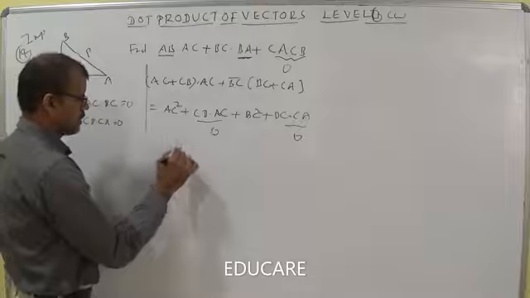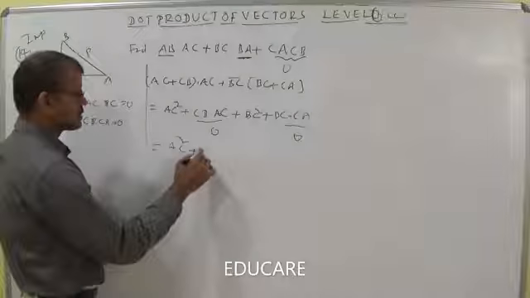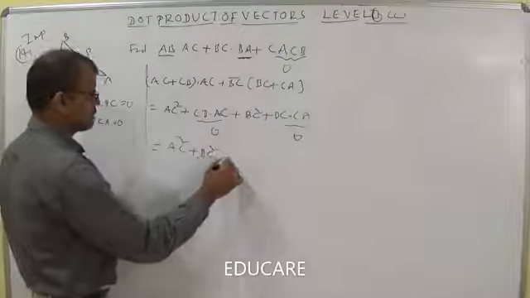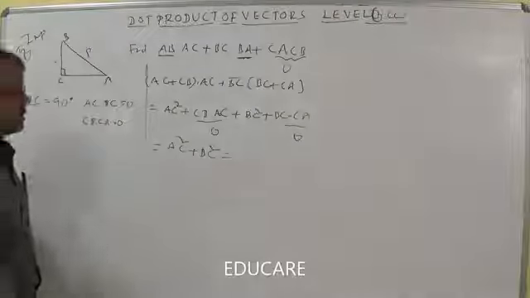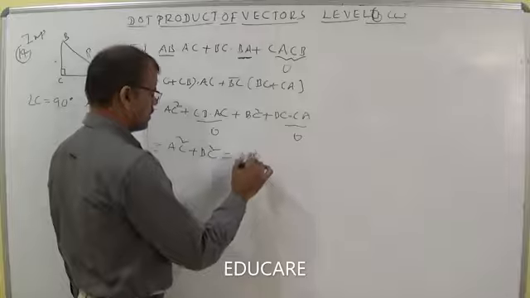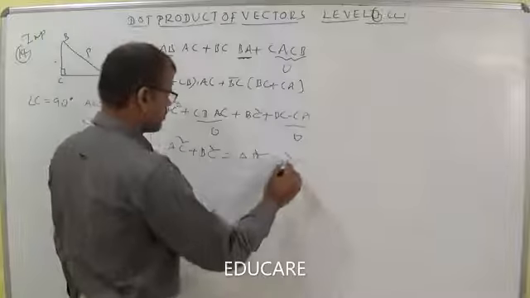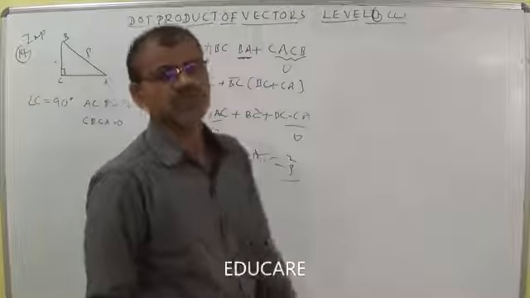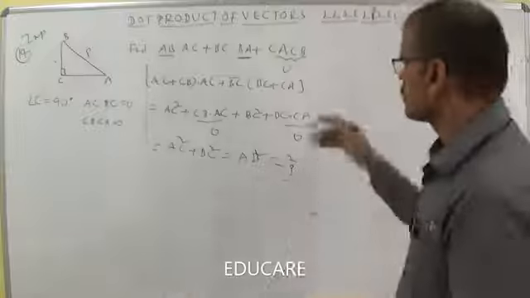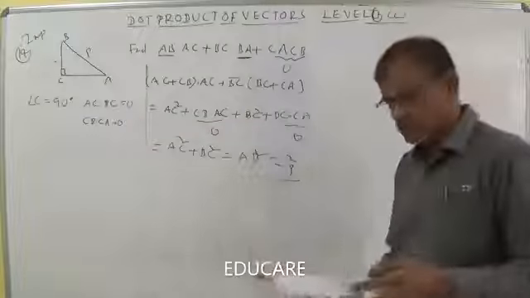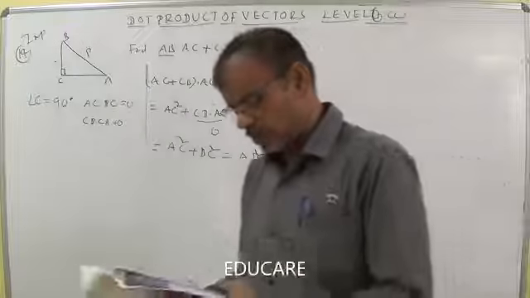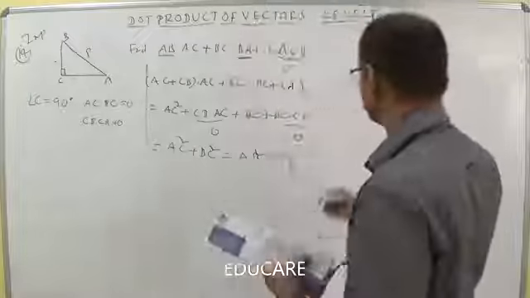You write here AC square plus BC square. AC square plus BC square is the right angle triangle property, AB square. He has given the value as P square. So in terms of P he has given, we can write in terms of P only; that is why I changed the letter AB.